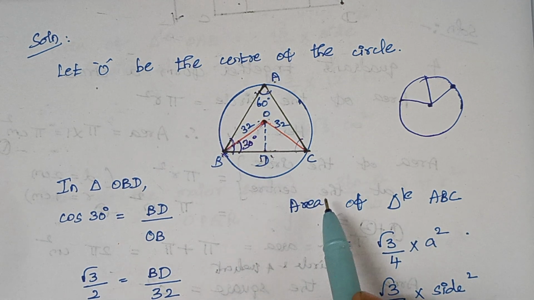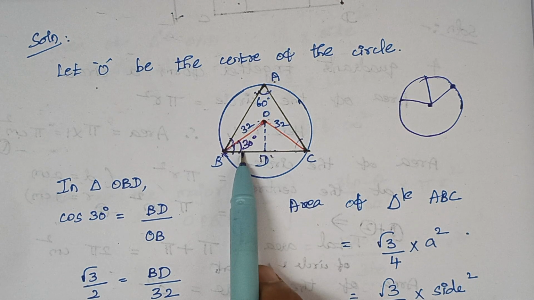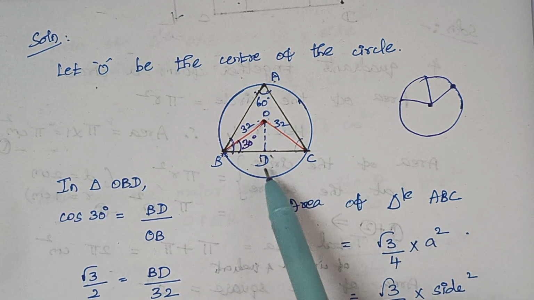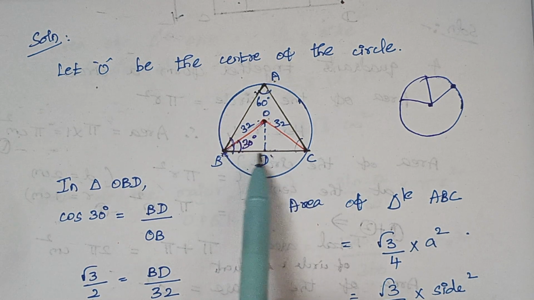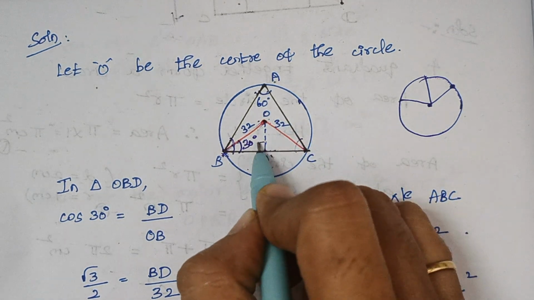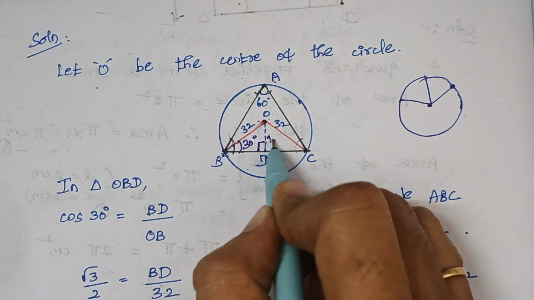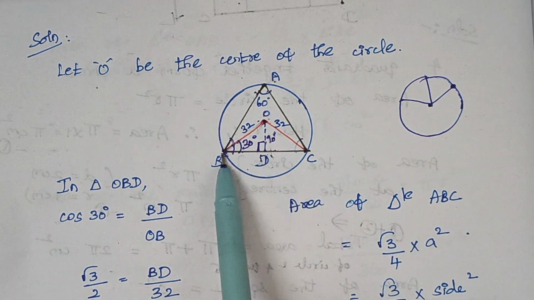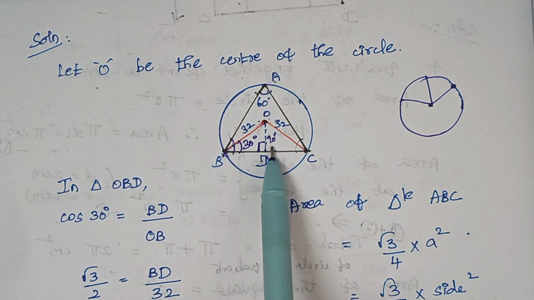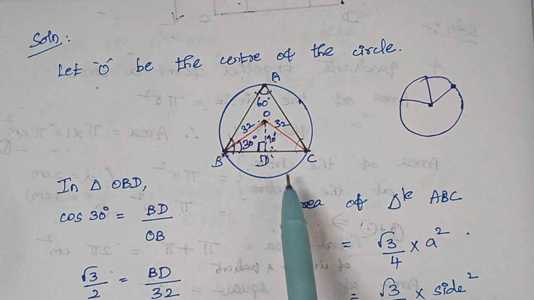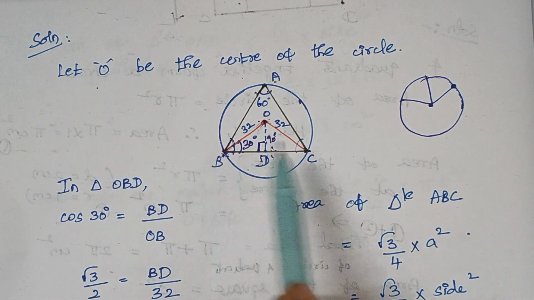We have to use cos theta. Cos 30 is adjacent side by hypotenuse. Here the adjacent side is BD and the hypotenuse is OB. What is the hypotenuse? The side opposite to the 90 degree angle is known as the hypotenuse. Since this line is perpendicular to this line, this angle is 90 degrees. So cos 30 is equal to BD by OB.